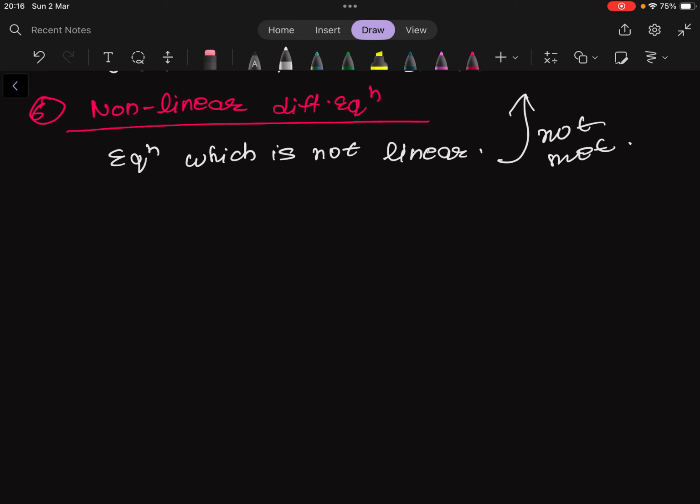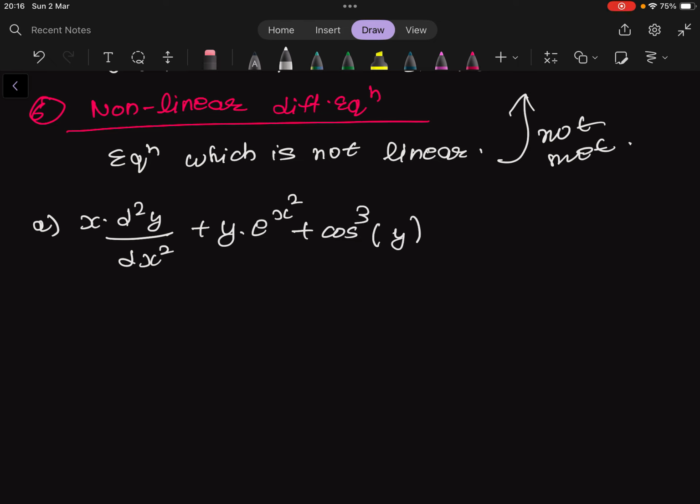So first example: x times d square y upon dx square plus y times e power x square plus cos cube y plus dy by dx plus d cube y upon dx cube equal to 0.